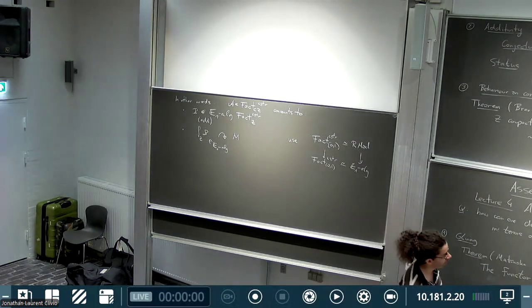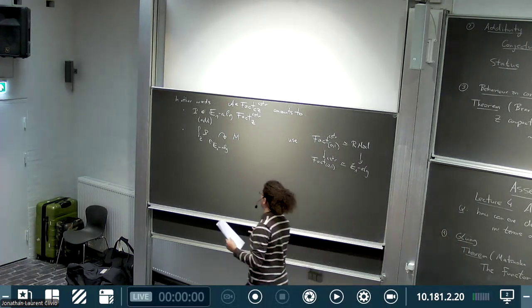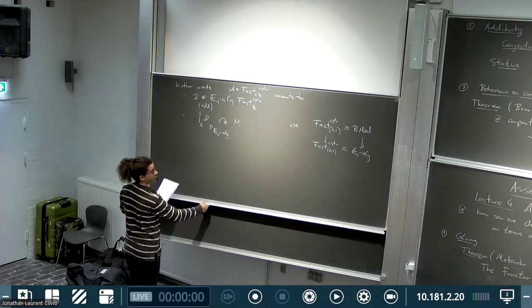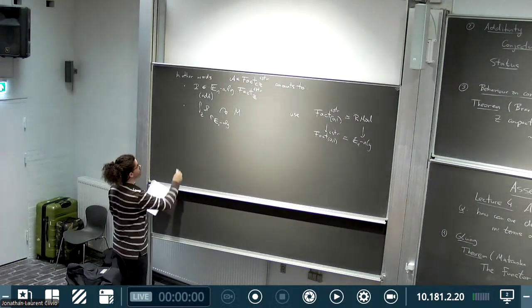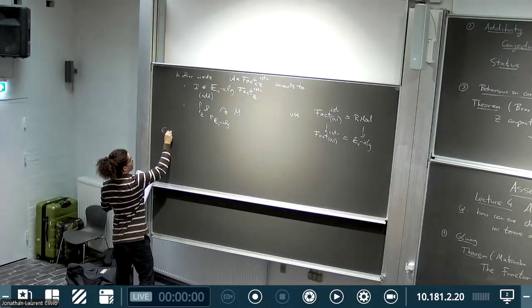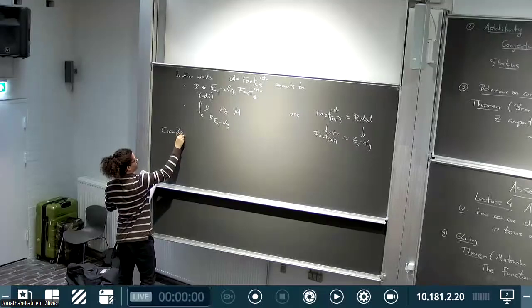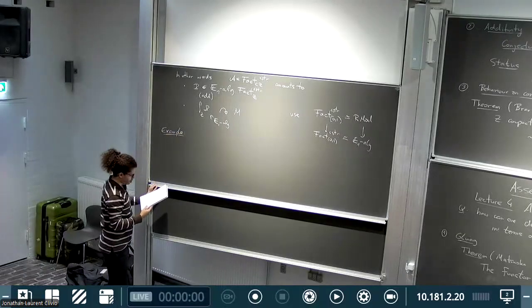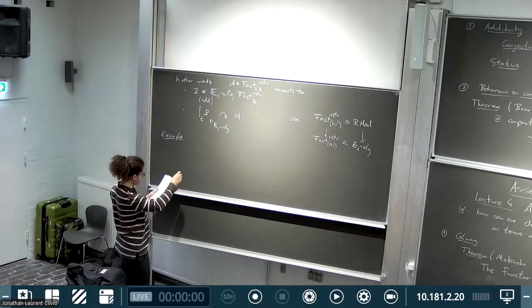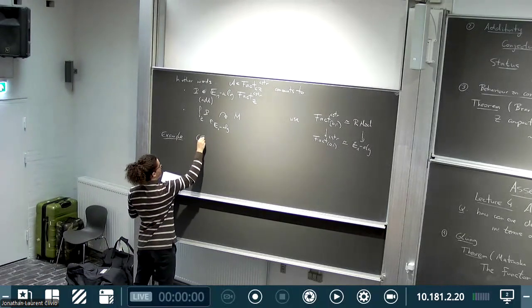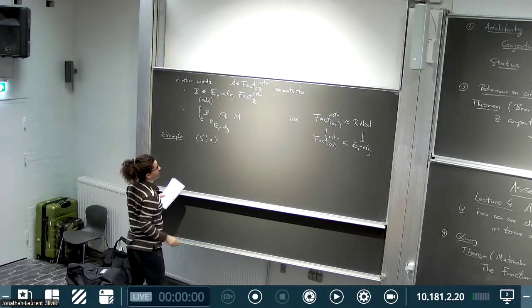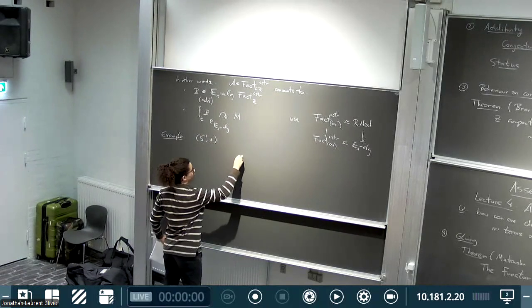Okay, so let me stay on this word and give an example of how you would use these three things. Let's do a very simple example where we take S1 stratified with a single point. The picture looks something like this.